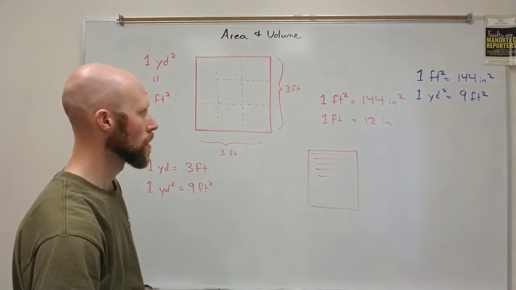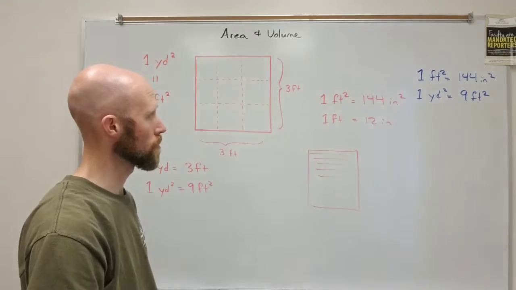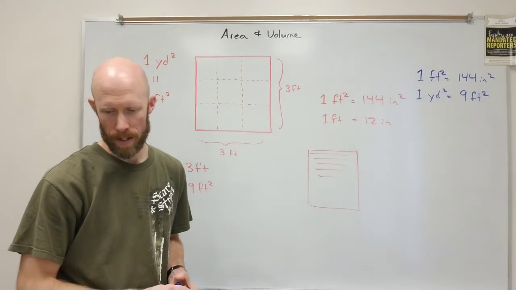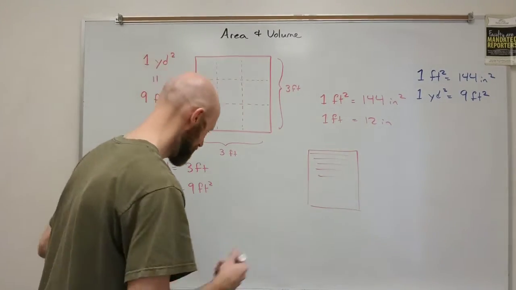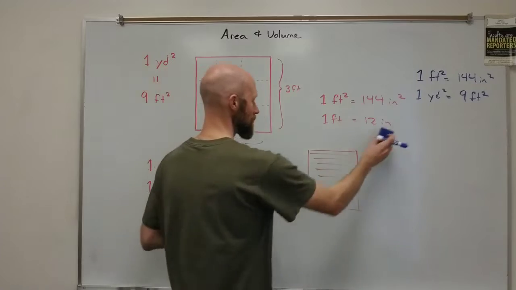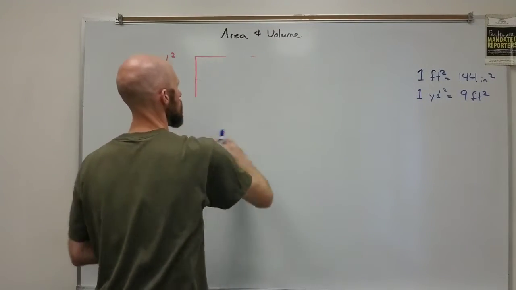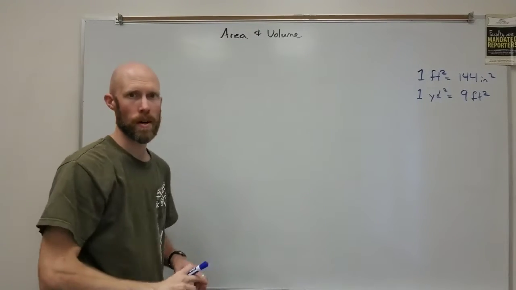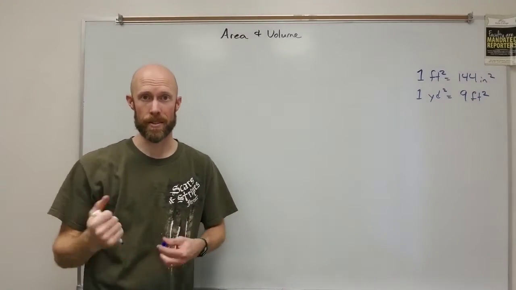And then we can look at square miles, or yeah, what a square mile is in terms of square feet. And well, that's getting ridiculous, but we can do it. Because we know that 1 mile is 5280 feet, right?